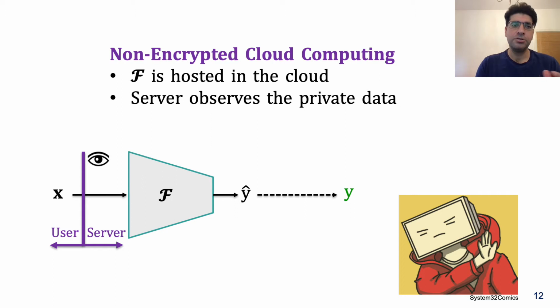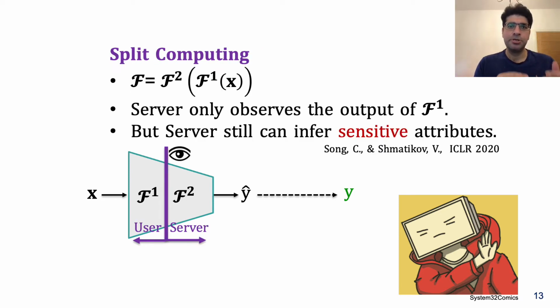In cloud computing, without encryption, the server observes the original data, so no privacy at all. In split computing, the model is divided into two parts. The first part is hosted by the user, and the user only sends the output of the first part to the server.